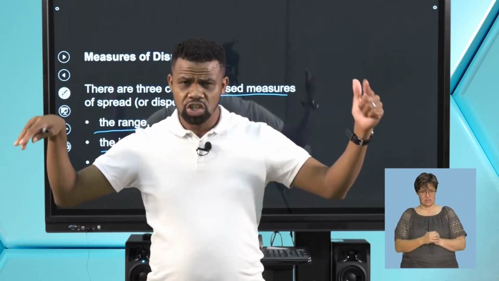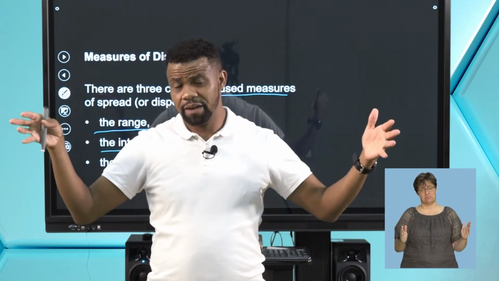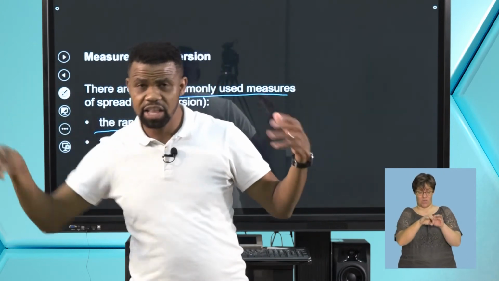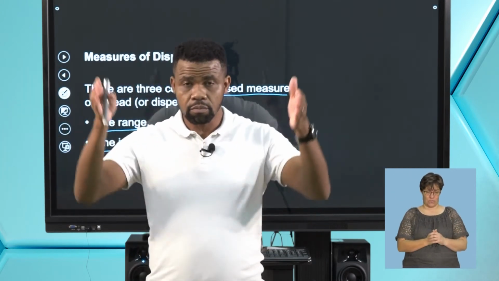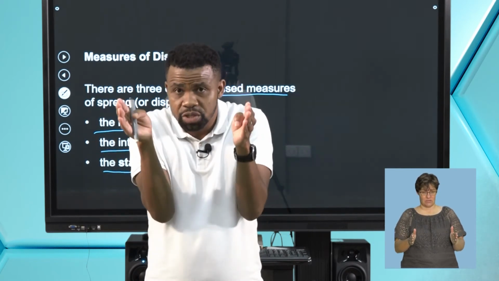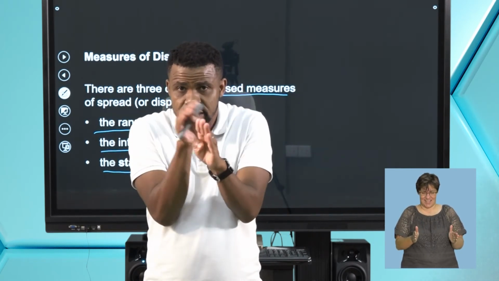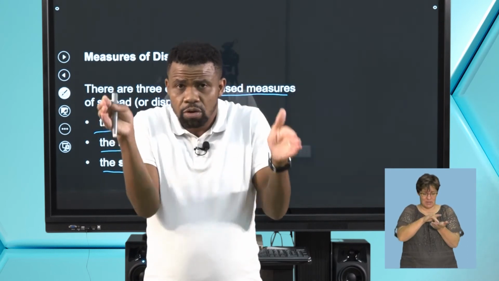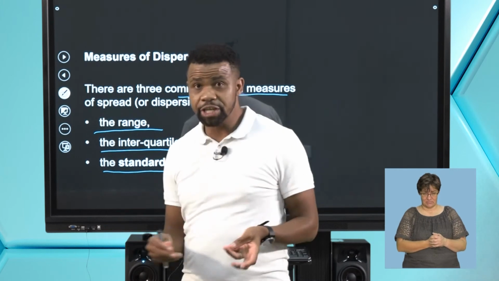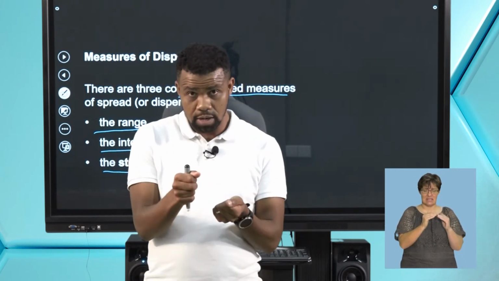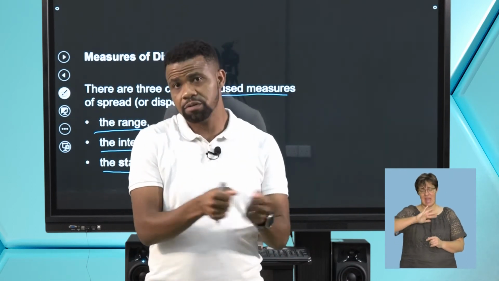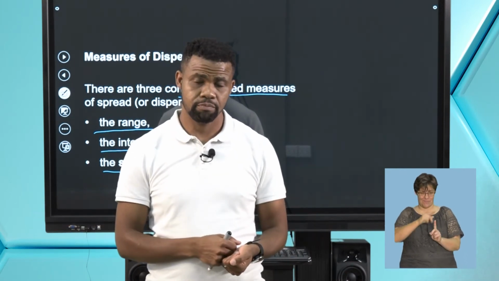The range can be affected by the extreme values, the highs and the lows, whereas the interquartile range cannot, because it uses the 50% of the data in the middle. The standard deviation, which is actually one of the good ones, uses all the data, which is the average deviation from the average. Are we together?